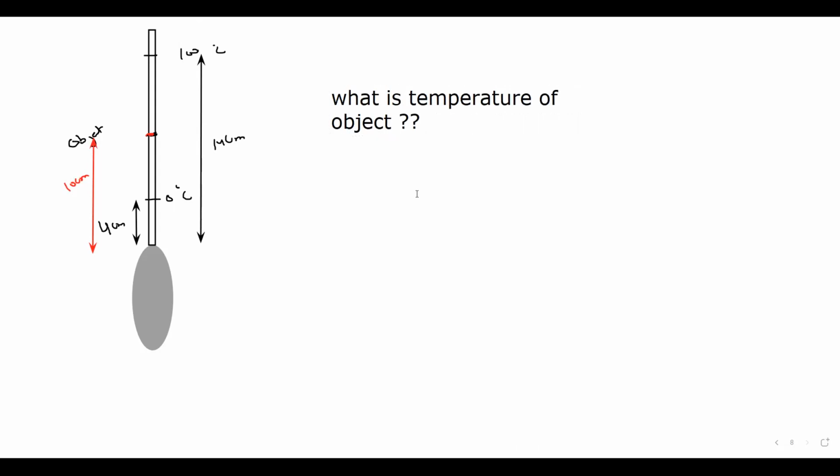When we place it in the pure melting ice, it was 4 centimeter. When we place it in boiling water, it is 14 centimeter. And when the object is placed, it is now 10 centimeter. What is the temperature of the object?